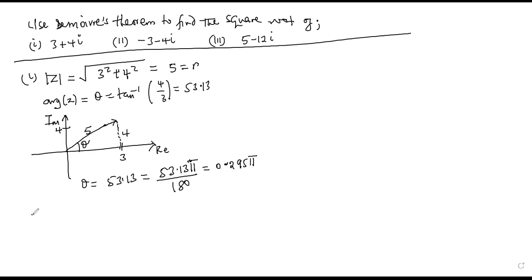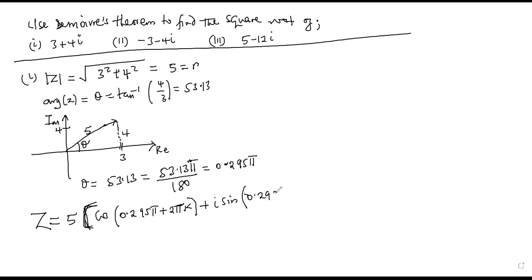Now it means that our z would be equal to r, which is 5, into cos of 0.295 pi plus 2 pi k, plus i sine of 0.295 pi plus 2 pi k.